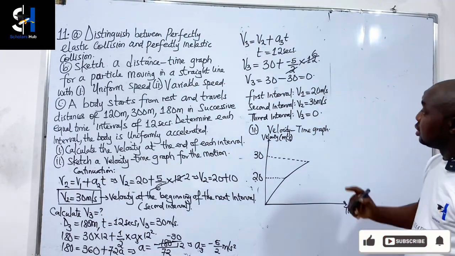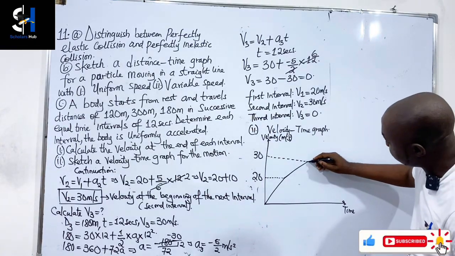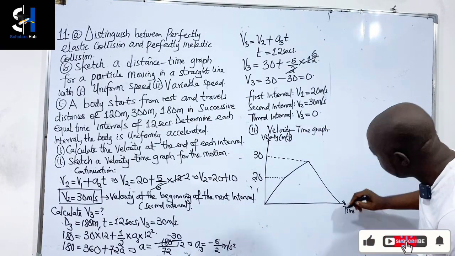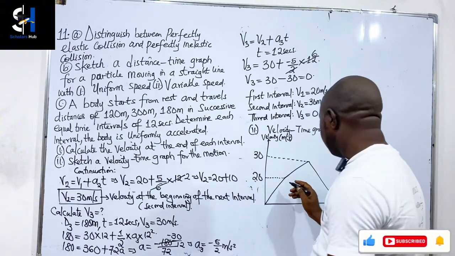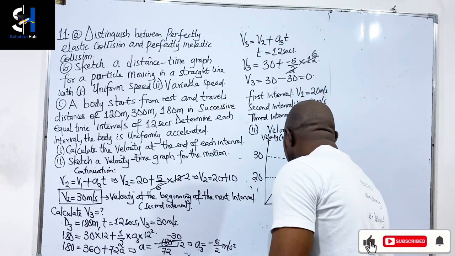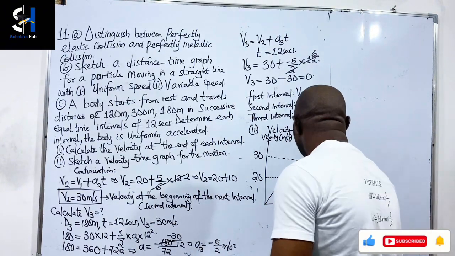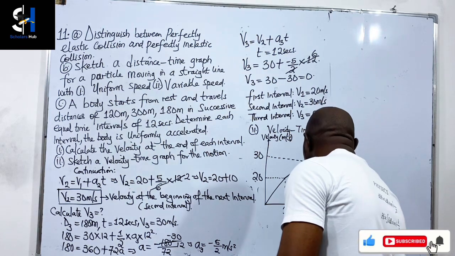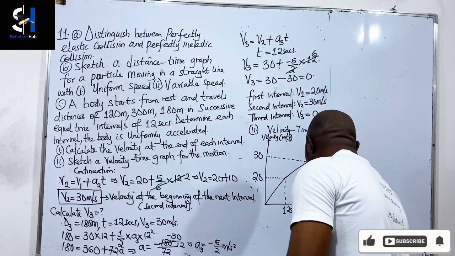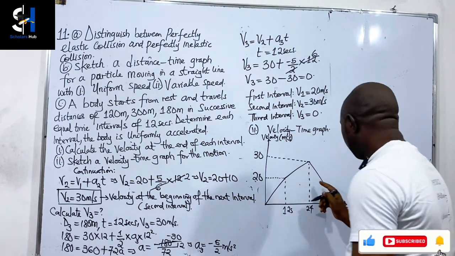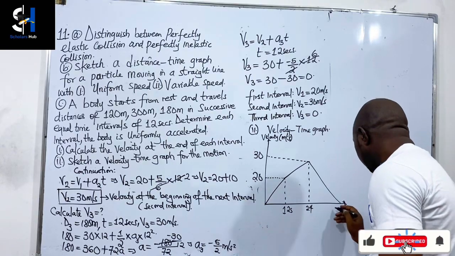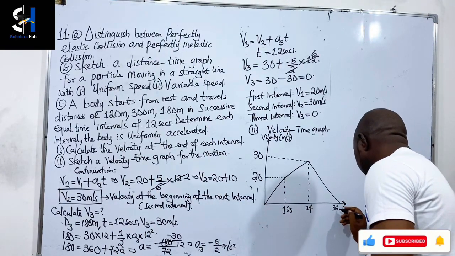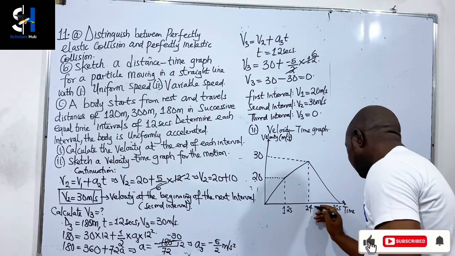Then the third interval, it decelerates to 0. Remember the time here is 12 seconds, then the time here will be 12 plus 12, 24, then 24 plus 12. This will be 36 seconds.